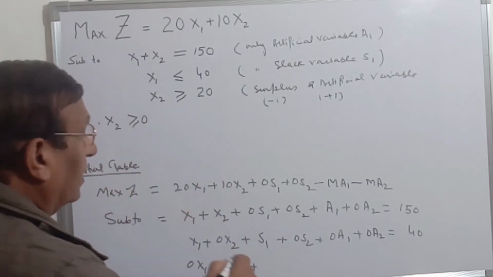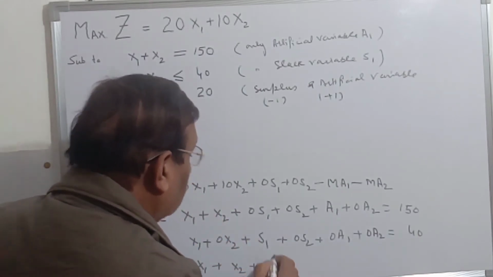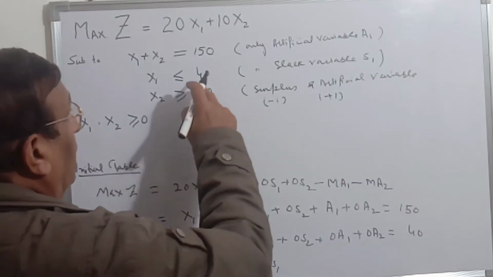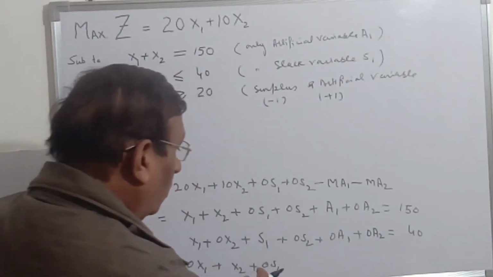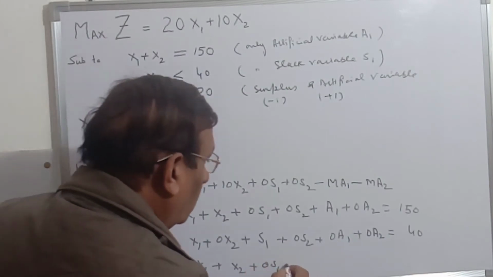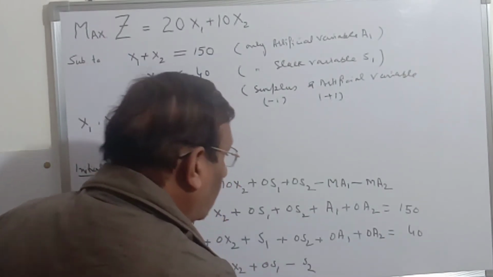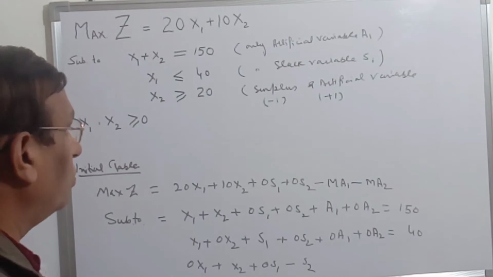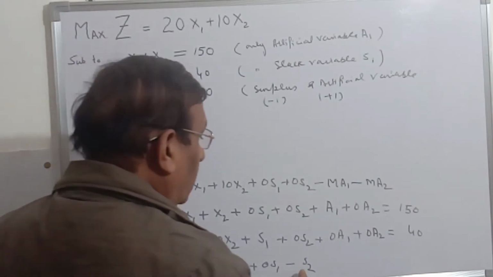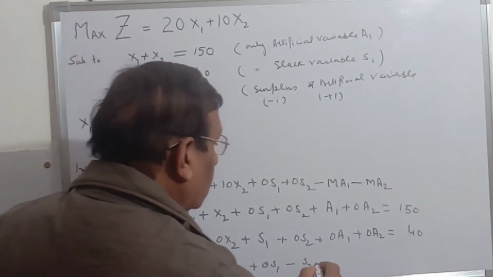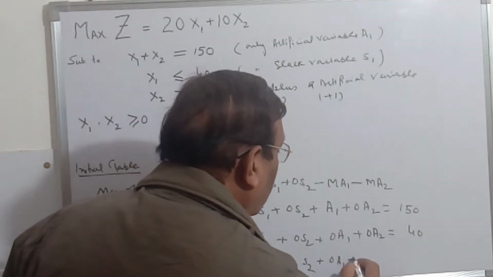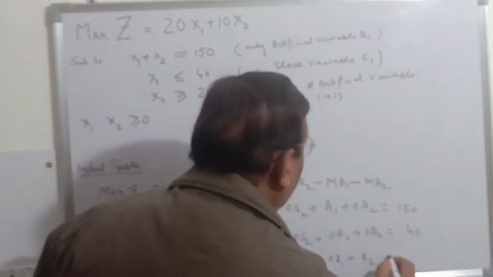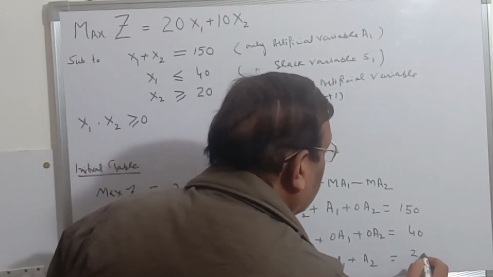Here there is no s1. s1 is the slack variable coming in the second equation. In the third equation, no slack variable, so 0. So here minus s2, where s2 is a surplus, plus 0a1 plus a2 is equal to 20.